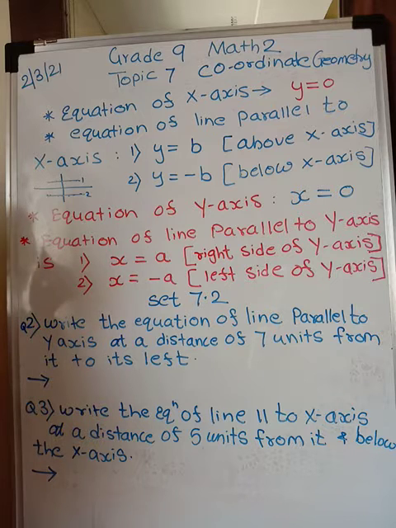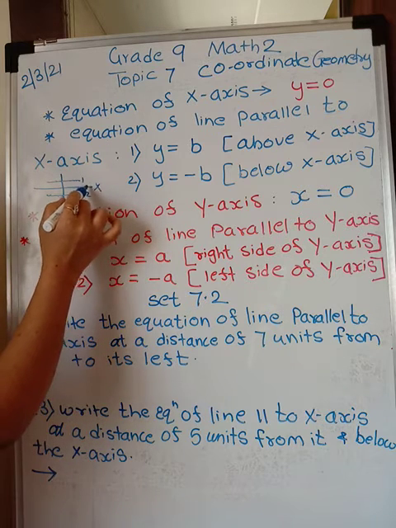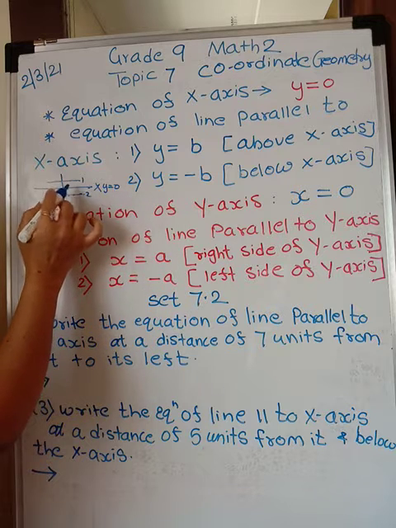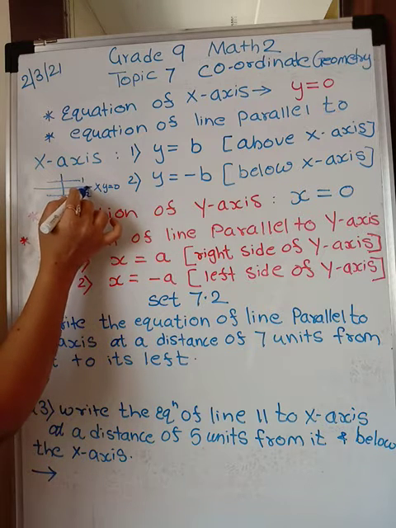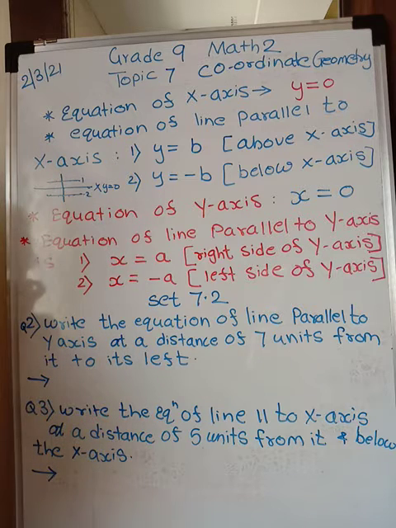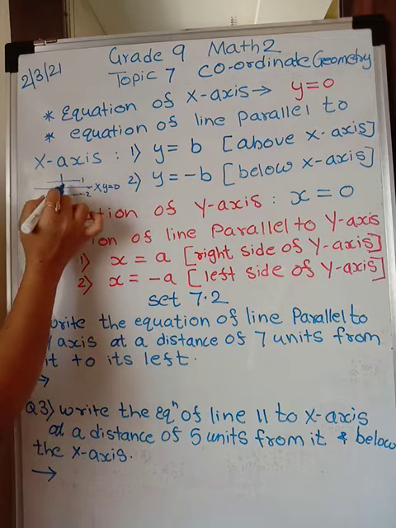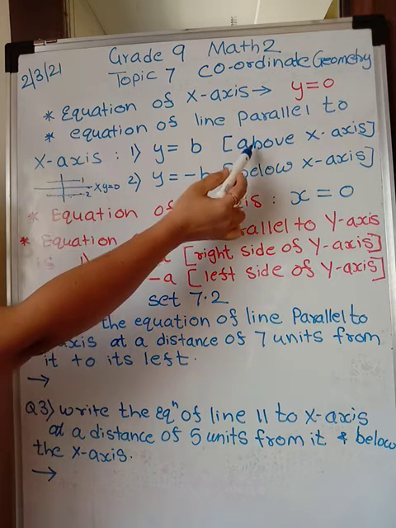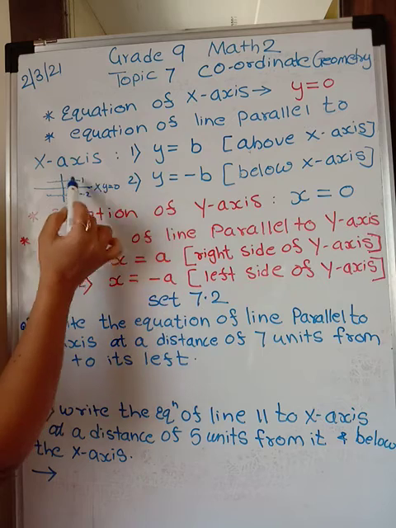So, for x-axis, the equation is y is equal to 0, because if you take the x-axis over here and match it with the y-axis, then the y coordinate will be 0. Now if you consider a line which is parallel to x-axis, then there are two options. Either the line is above the x-axis or it is below the x-axis.